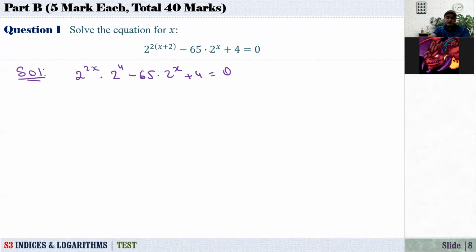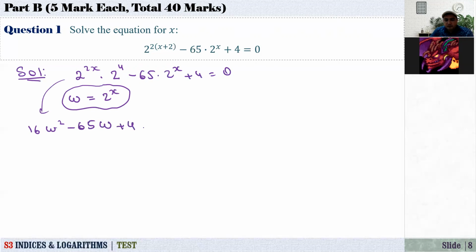Now let me introduce a new variable. Suppose that w is equal to 2 to the power of x. Writing everything in terms of w, 2 to the power of 4 is 16, and 2 to the power of x squared is w squared, minus 65 times 2 to the power of x, that's just w, plus 4 is equal to 0.